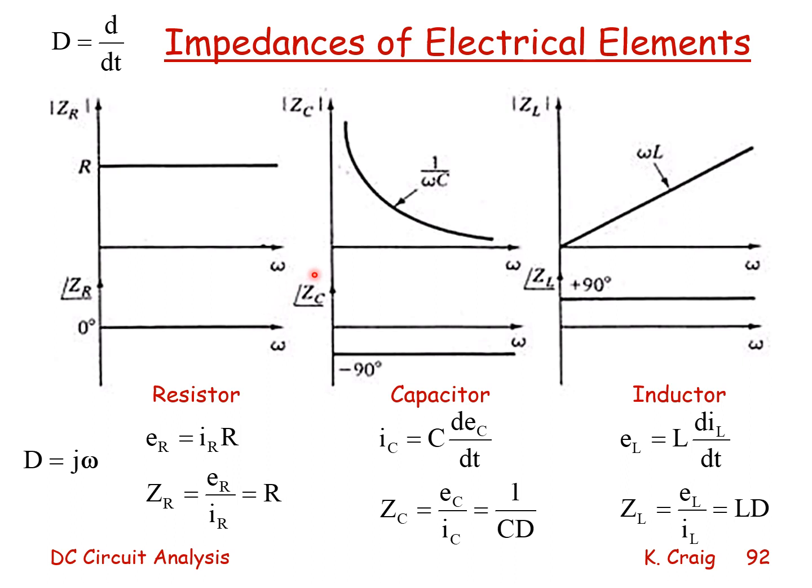For a capacitor, the magnitude is 1 over omega C. We see the magnitude decreases nonlinearly with frequency. The phase angle is constant at minus 90 degrees. For an inductor, the magnitude increases linearly with frequency. The phase angle is constant at plus 90 degrees. And here we see the mathematical expressions for impedance of the resistor, the capacitor, and the inductor.